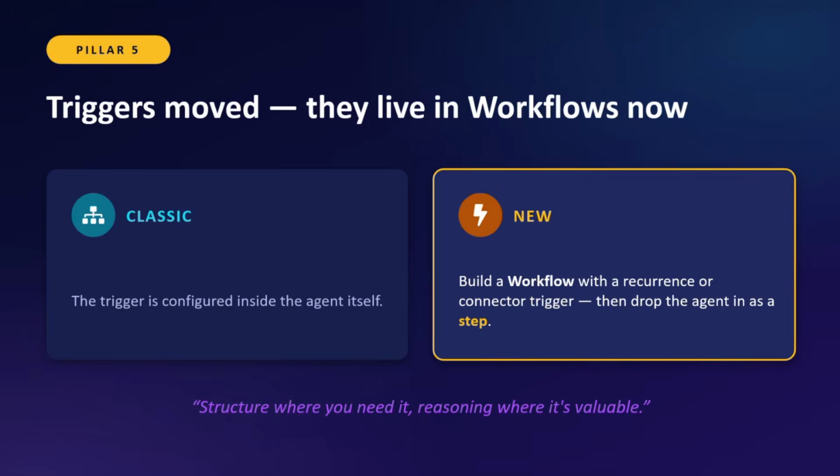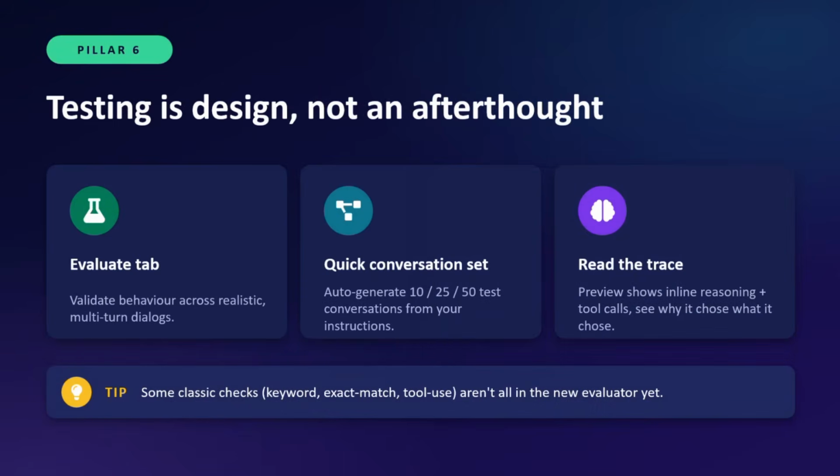Now, the last thing I want to mention is that when designing an agent, it's absolutely important to do testing. Testing shouldn't just be an afterthought. We now have the evaluation tab, and I'm going to show you some cool things I saw with it. As shown here, it's got a quick conversation set. It can set up 10 quick questions, looking at what your agent's instructions are, what's connected to it from a tools perspective, and what knowledge it's pointing to.